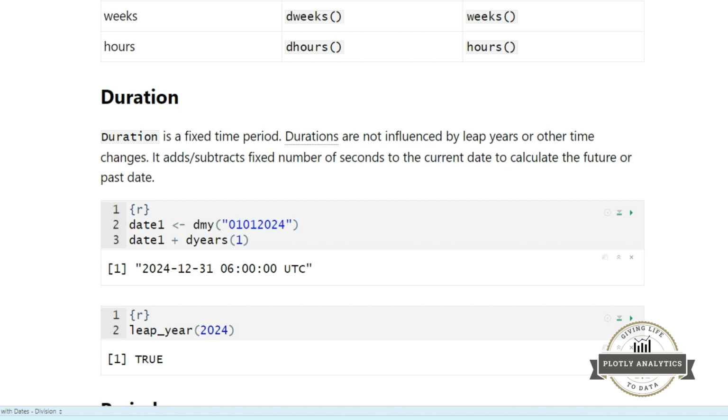Now, if the durations are giving us such wrong answers, then when to use duration classes? Duration classes are recommended when comparing time-based objects, such as speed or execution time, where these time-based calculations don't take into account the calendar days. So you have to simply add some number of days to the current date and find the answer. For example, how much time that project took to the completion.